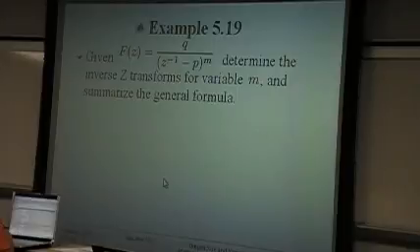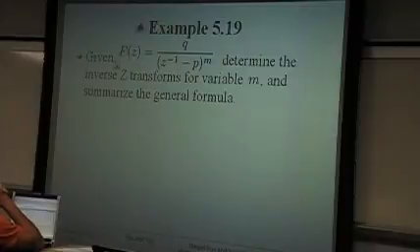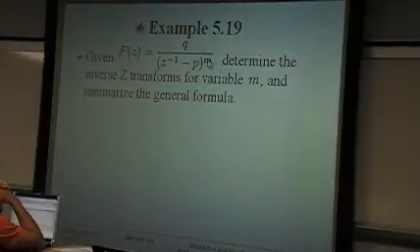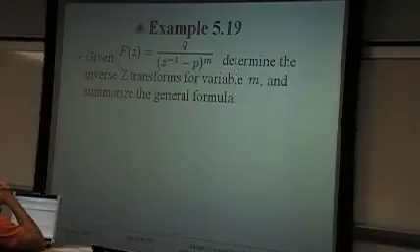And the next question is, how can we find the inverse Z transform of this function? It is useful in the analytical solution of difference equations. So if we can find this, we can easily find the analytical solution to a difference equation.